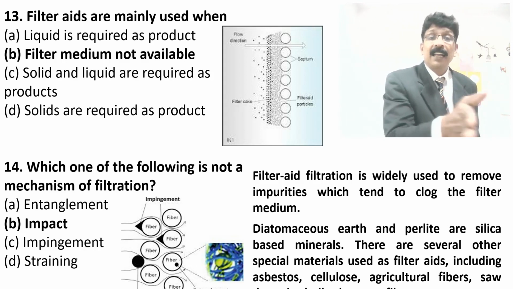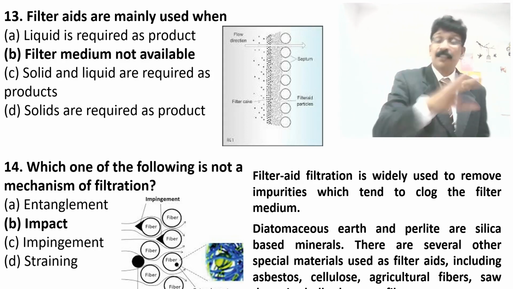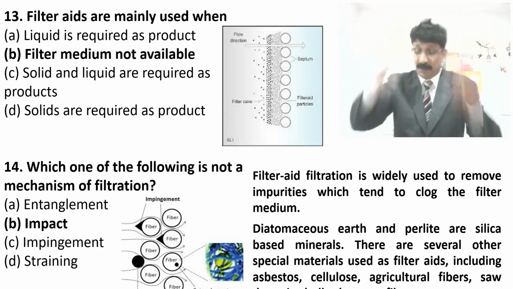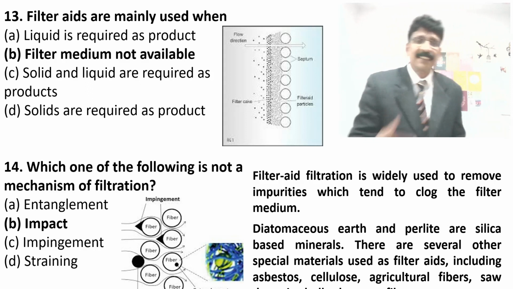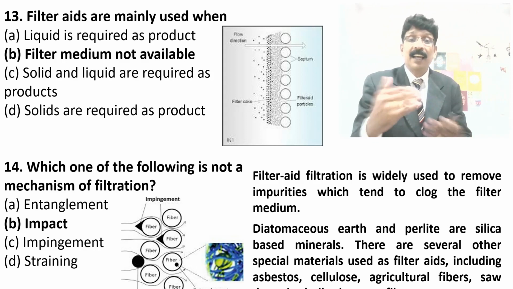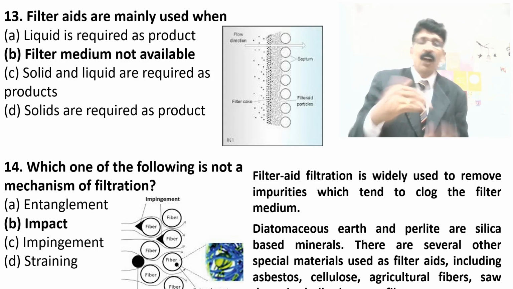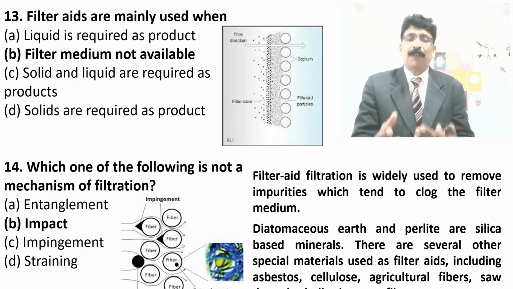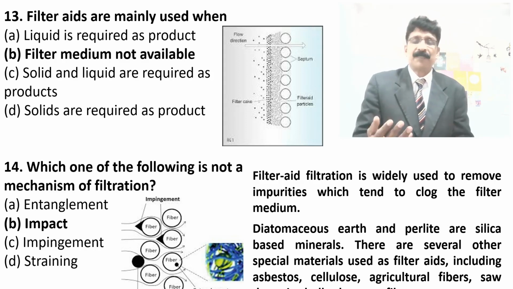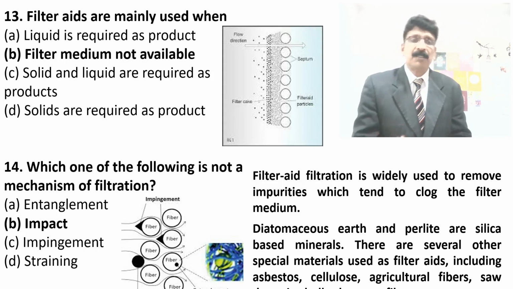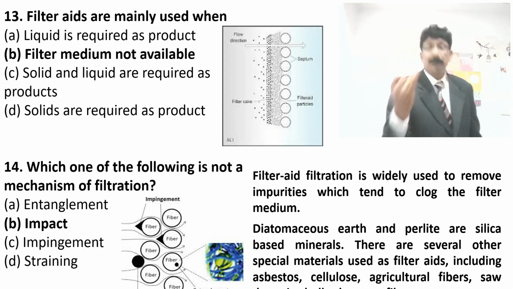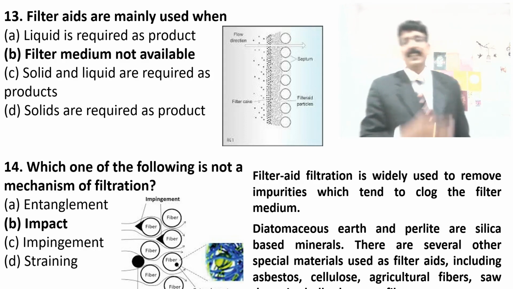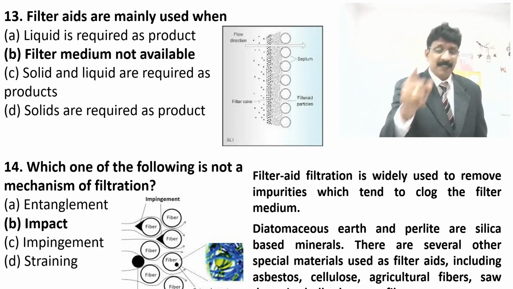Impingement makes triangles, because the filtration flows slowly, making a triangle shape in black color, that is impingement. And there will be dots or spots formed even in the fiber, that is entanglement. Entanglement will also sometimes happen. So entanglement, impingement, straining, all of these are filtration mechanisms.